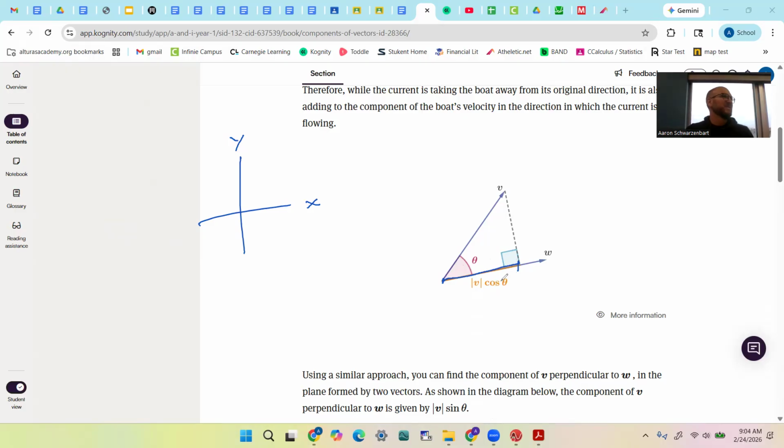So what I'm doing is I'm taking V and I'm making it components along the direction of W and perpendicular to W. It's like a tilted axis.